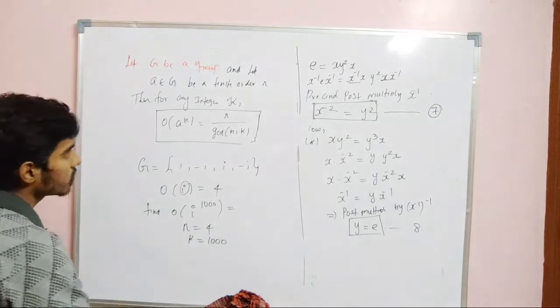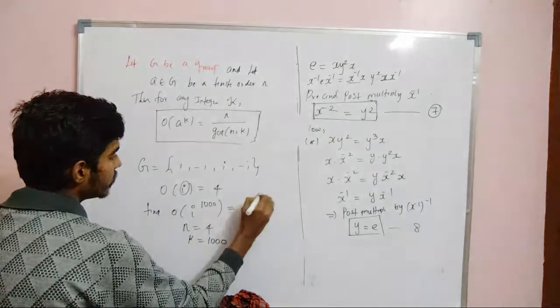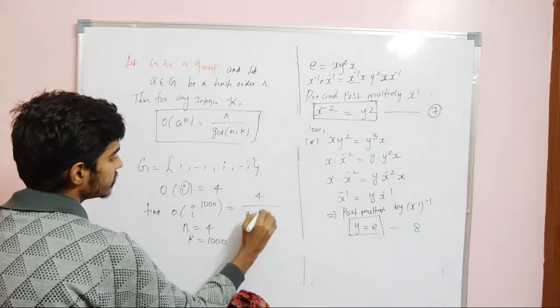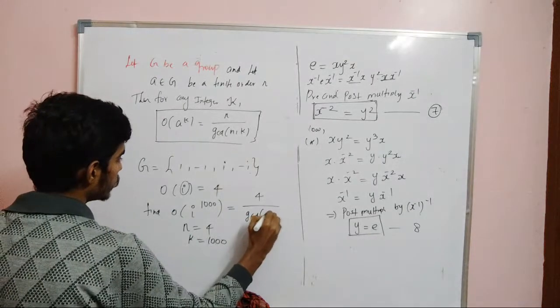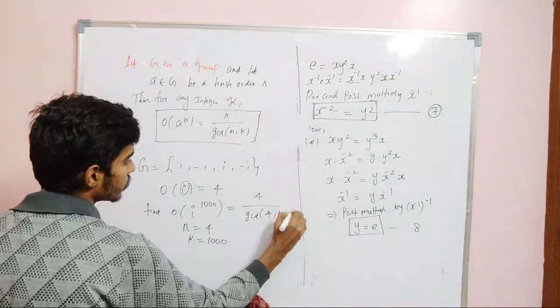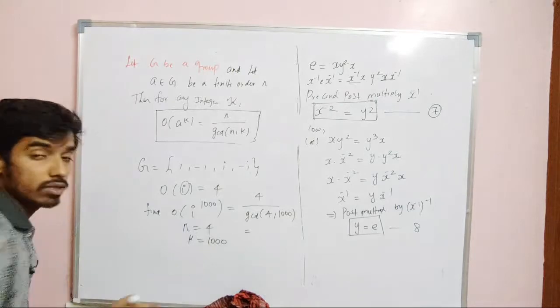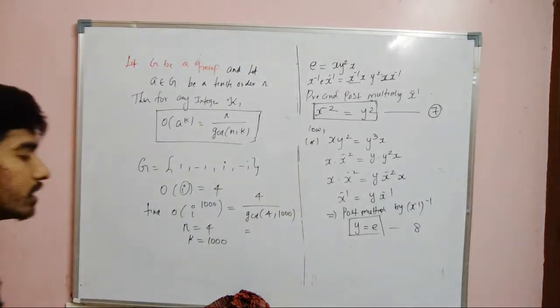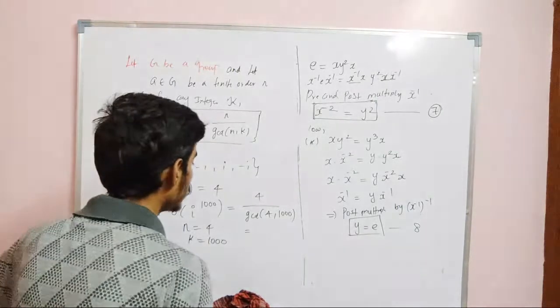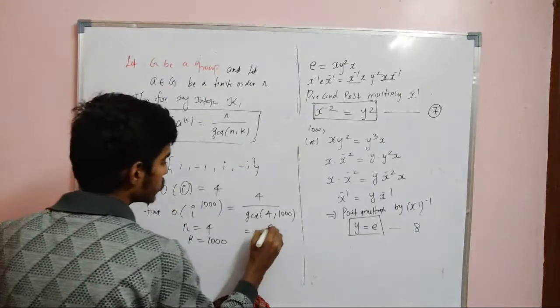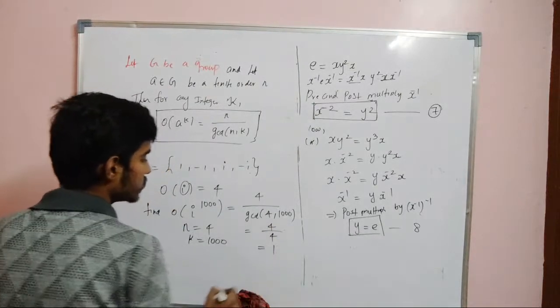So what will be the order of i power 1000? So n is 4 by GCD of 4 and 1000. What is the GCD of 4 and 1000? It is 4, I think, right? The greatest common divisor for 4 and 1000 is 4. So 4 by 4 is equal to 1.